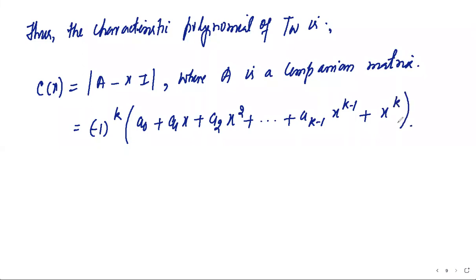So this is the characteristic polynomial of the companion matrix. Now, in fact, this can also be proved using induction on k. So this completes the proof of this result.